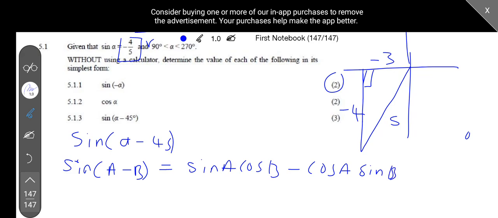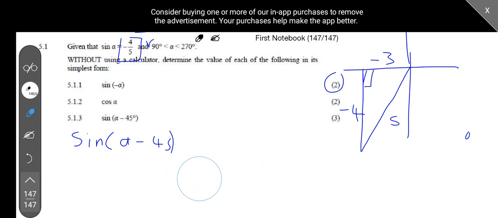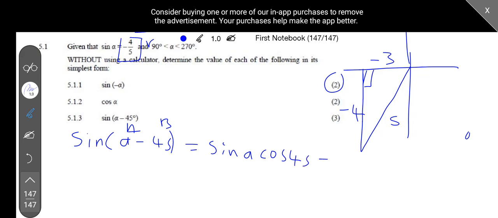So, we're going to expand this as well, following the same sequence. So, we can take our alpha as a, and this one as b. And therefore, sine a minus 45 will be equal to sine a cos 45 minus cos a sine 45. So, it's a compound angle identity that we have proved in one of the lessons. So make sure you revisit them if you have forgotten.